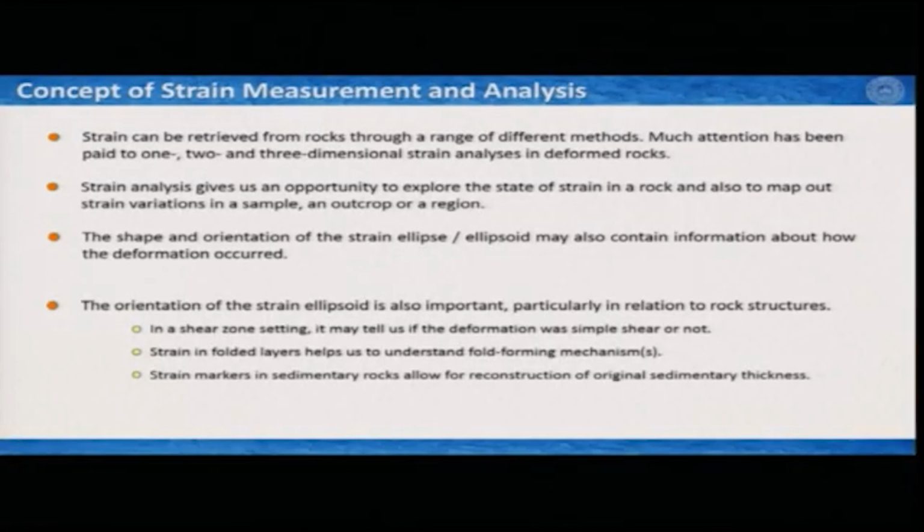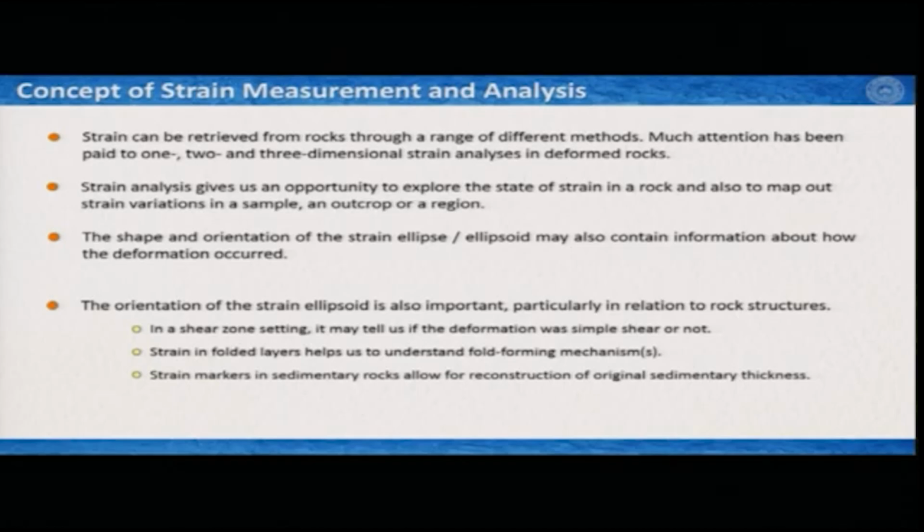So as we have learned from the last 2 lectures on deformation and strain, there are some theories and some backgrounds, and it is possible that one can retrieve the strain from rocks through a range of different methods. And mostly you can determine strain in 1 dimension, 2 dimensions and 3 dimensions based on the outcrops you have, based on the features you see in your deformed rocks.